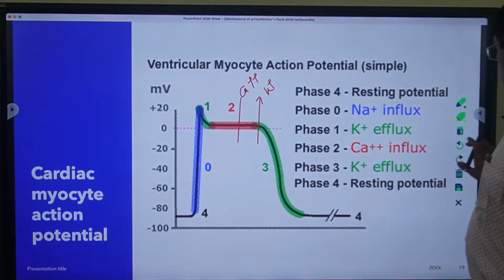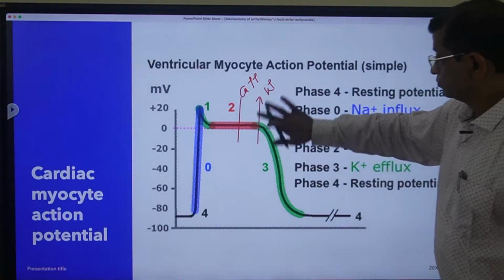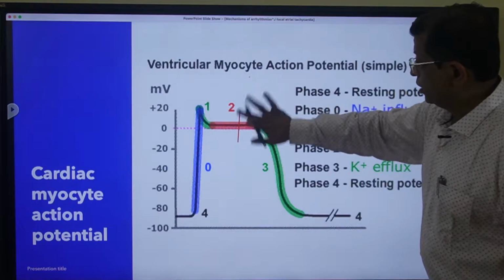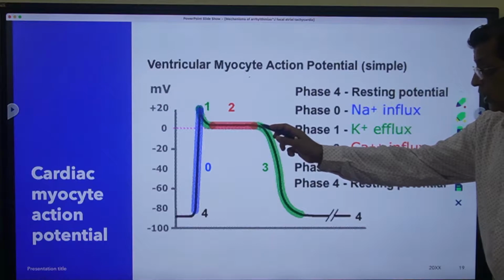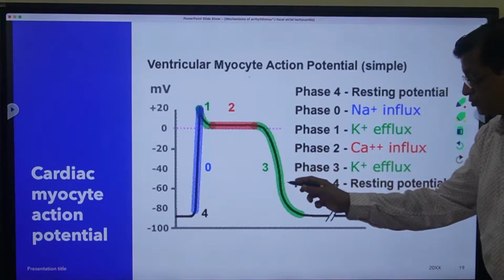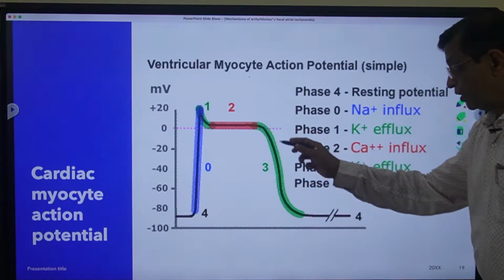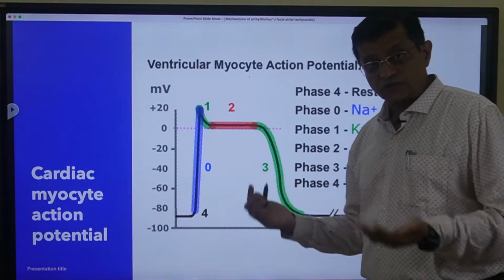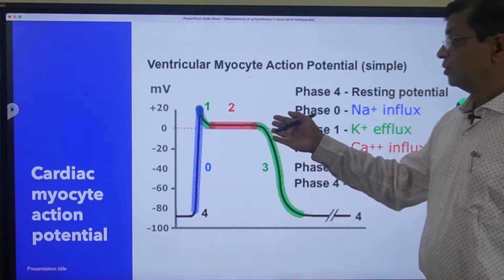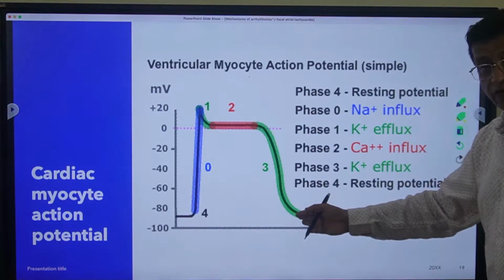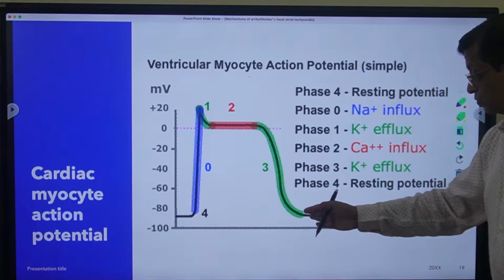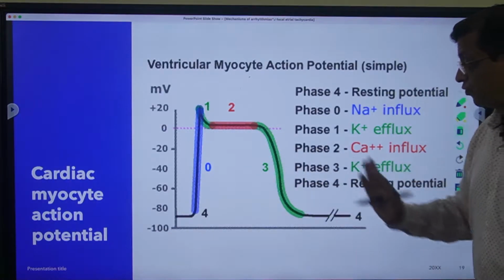At the end of phase 2, the calcium channels close and slow as well as fast potassium channels open, causing rapid potassium efflux, bringing the cell membrane potential back to its normal -85 or -90, which becomes the resting membrane potential. So this becomes phase 3.